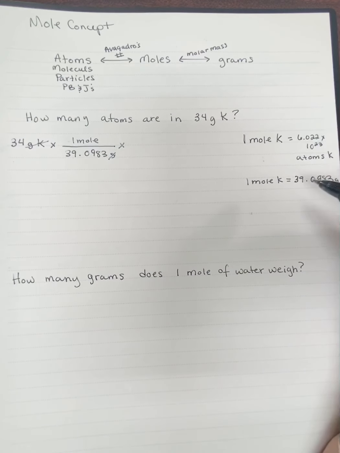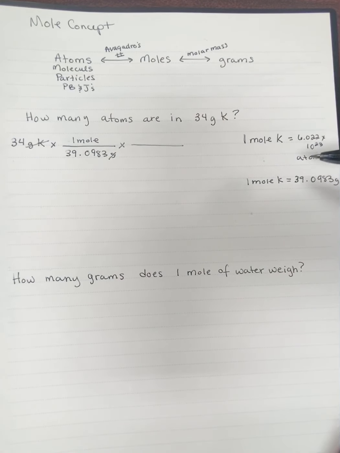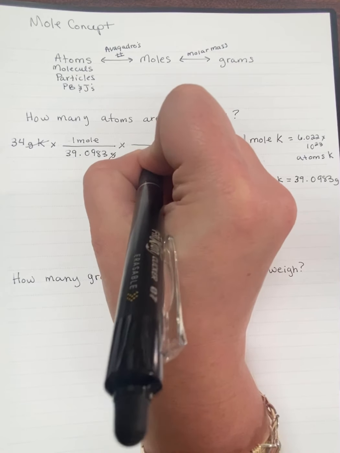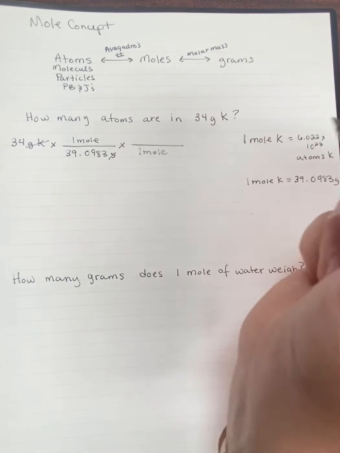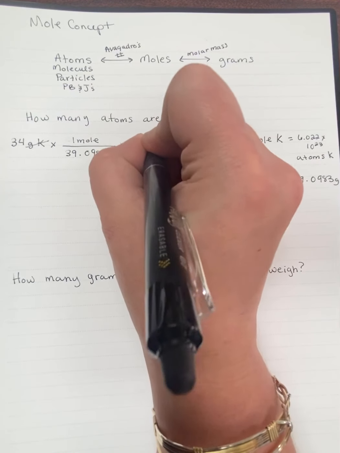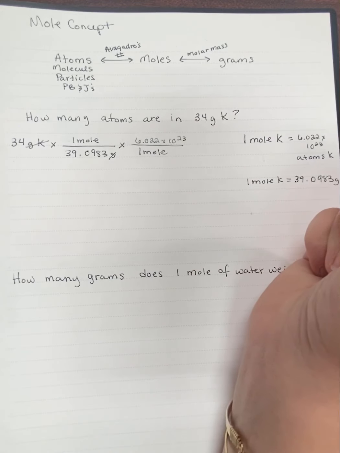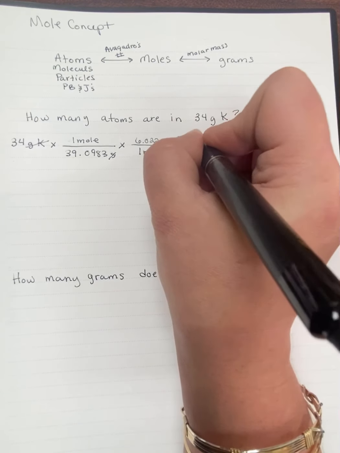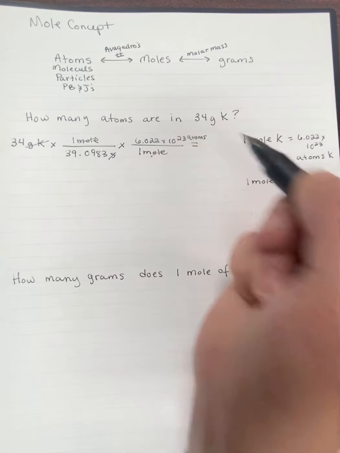And then we need to set up one more unit conversion factor where we put moles on the bottom. That's going to be 6.022 times 10 to the 23rd atoms, and that's what we need to end with. So our moles cancel out.